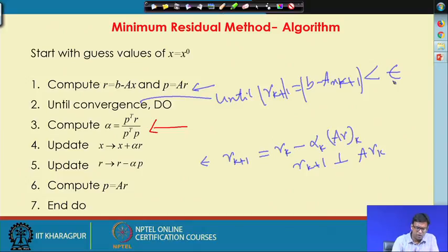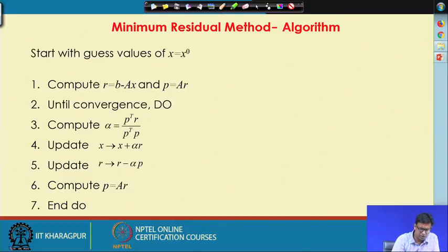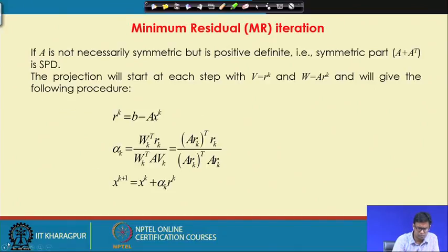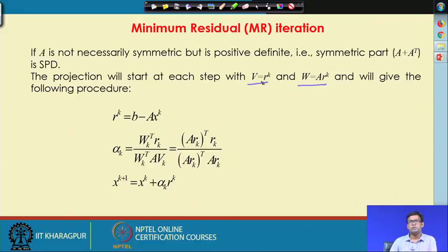What we are doing here is updating x k equal to x k plus alpha R k, so x k is changed along V, which is R k.